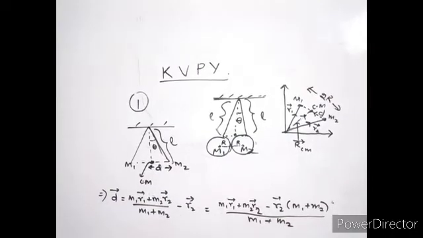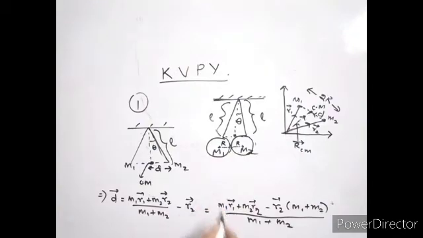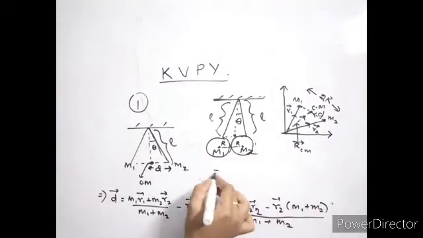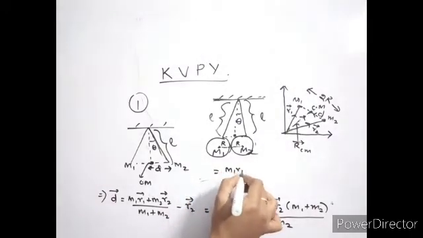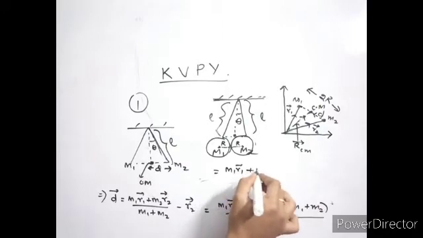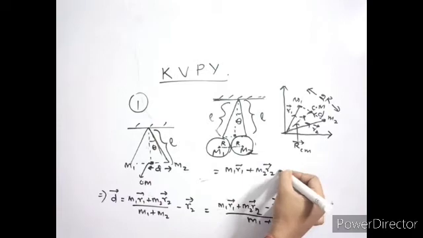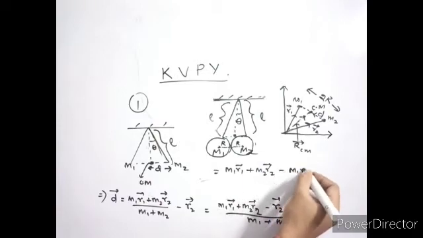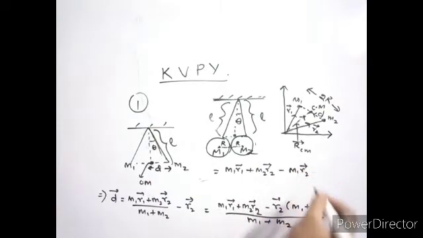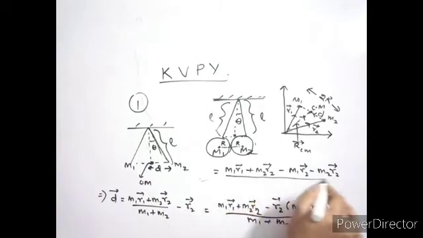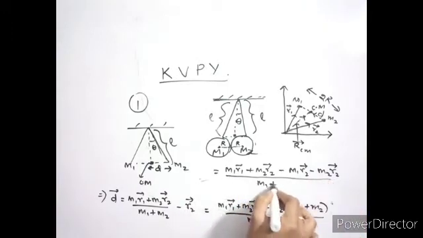Now we just multiply r2 vector with m1 and m2 within the brackets. That is m1 r1 vector that we had previously for rcm plus m2 r2 vector minus m1 r2 vector, and then minus m2 r2 vector, that whole divided by m1 plus m2.